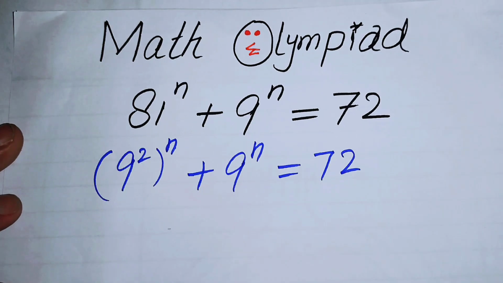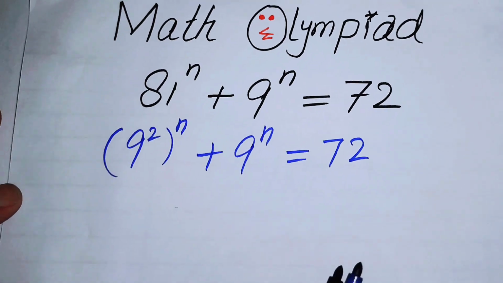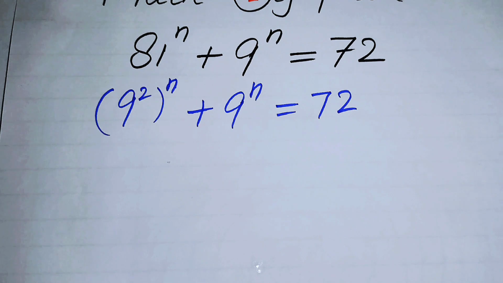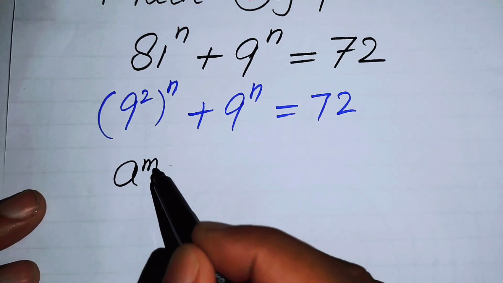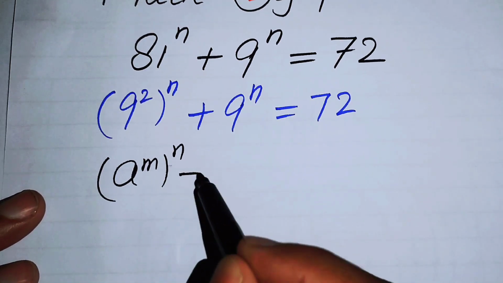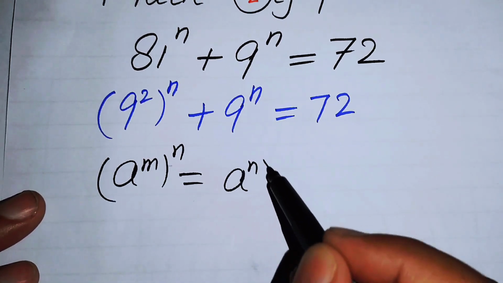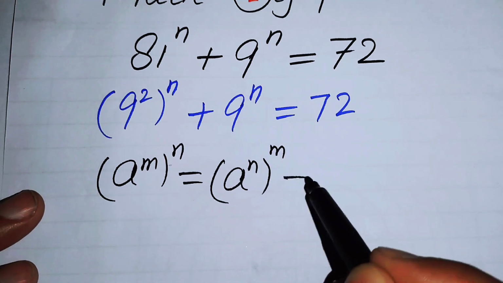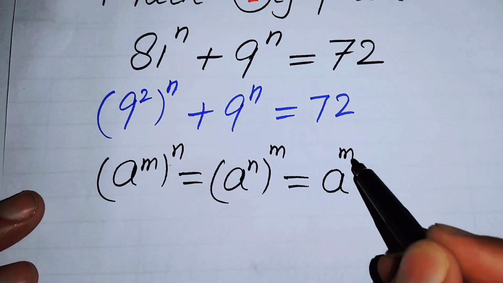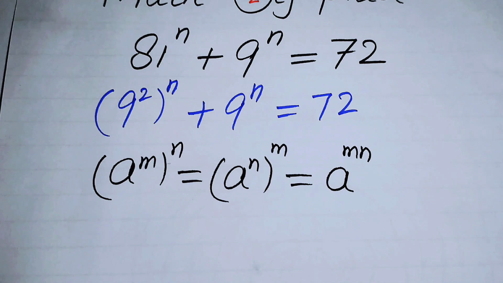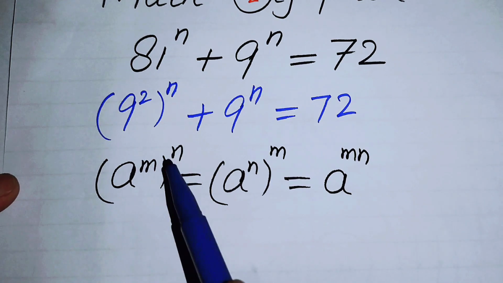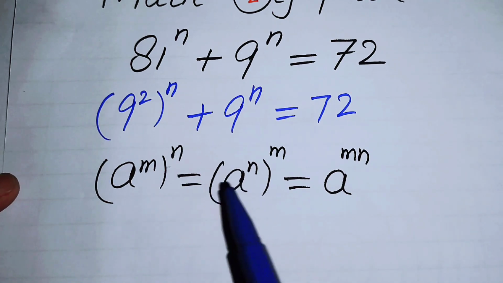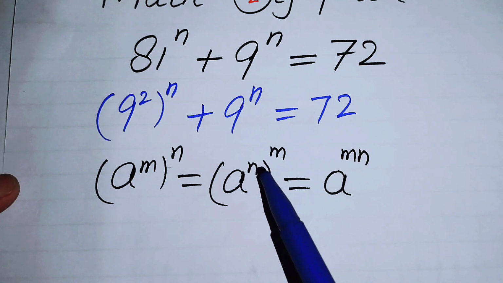After this step I can apply the nice exponential law, and you know about this law. If we have a to the power of m to the power of n, it is equal to a to the power of n to the power of m, and it is equal to a to the power of m times n. So we can interchange these two exponents and always get the same answer.